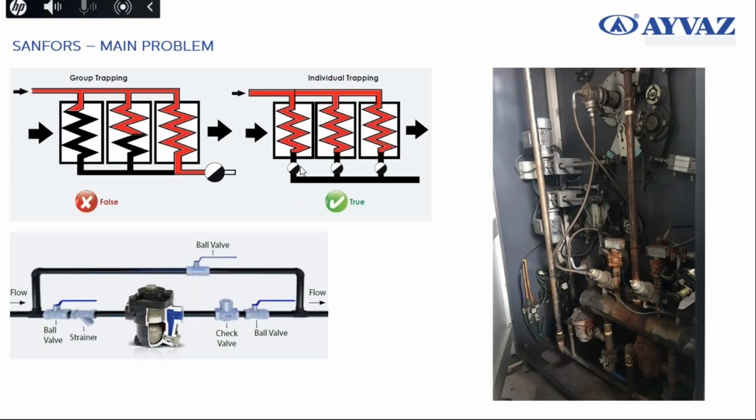What you need to do is use steam traps separately. For Sunfor, for example, in that case, as you see here, there is a group of steam traps. There are four Sunfor cylinders, but only 2 steam traps. It will make efficiency loss.